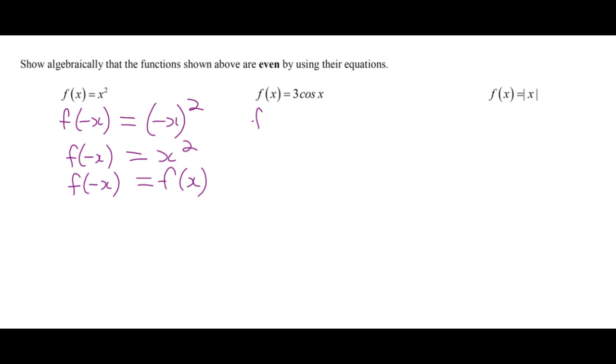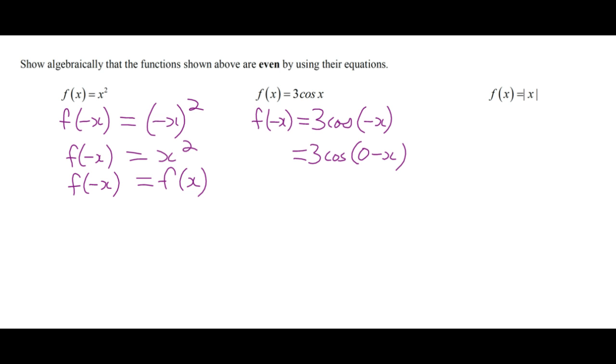Okay, f of negative x for this is 3 times the cosine of negative x. Now we want to show that that's the same, so we'll say it's 3 times the cosine of 0 minus x. What's negative x? Well, you could write that as 0 minus x.